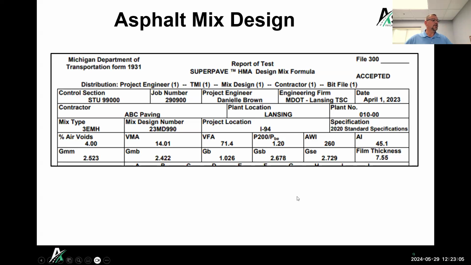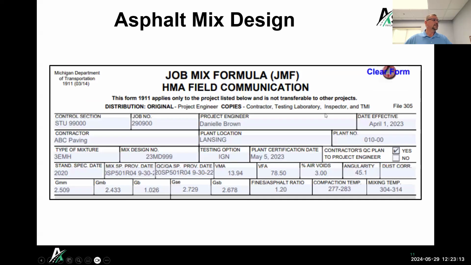And then in production, with a lot of our mixes, any top and leveling mixes, we regress them to 3% air voids. So on our job mix formula, the air void is at 3%. That's where that change occurs.